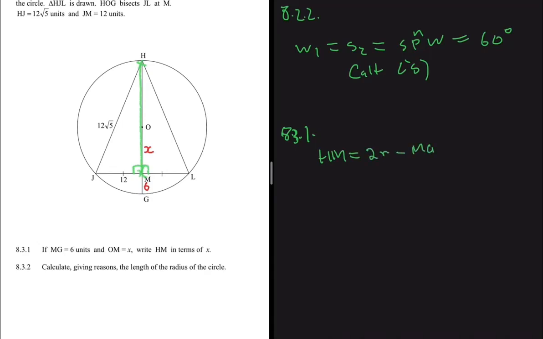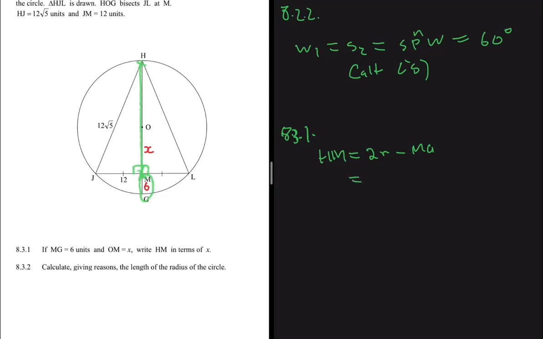Because if we're looking for HG instead, then it will just be 2 radius, right? But then the only difference between HM and HG is that HM stops here at M, and then we have that 6 going forward. So HM is basically 2 radius minus MG.